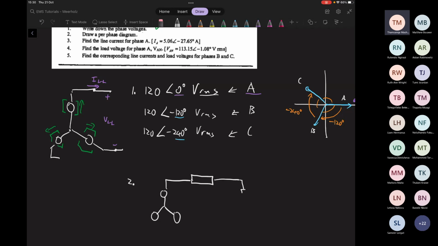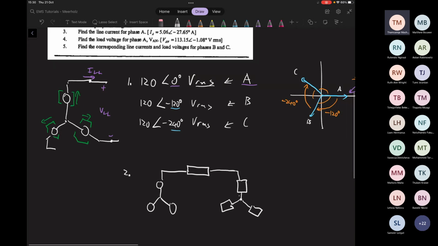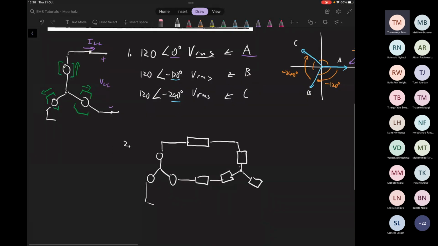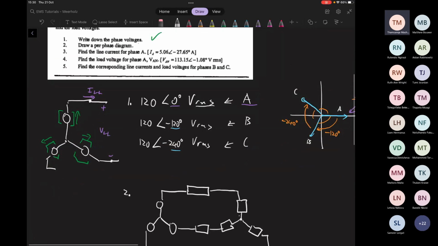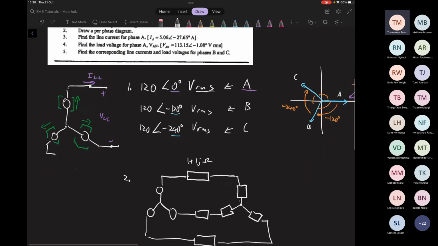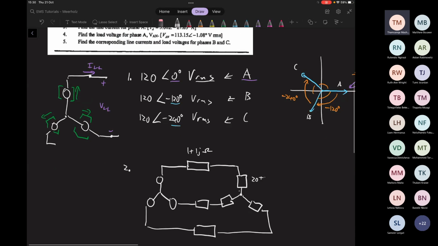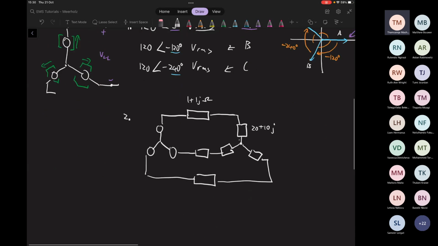When you're dealing with 3-phase power, you're not just dealing with your supply being 3-phase, you also have your load being 3-phase, so you specify if it's Y or delta. Just drawing this very quickly. They say this is 1 plus 1j for the line, and our load is 20 plus 10j. So this is what's happening as a whole.